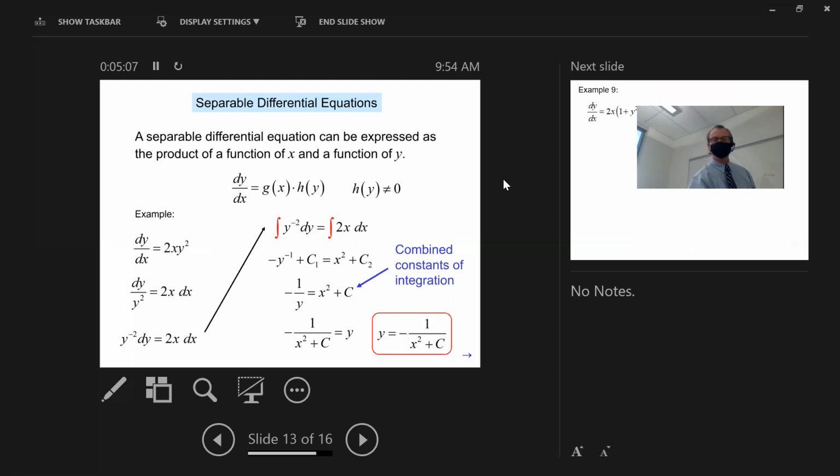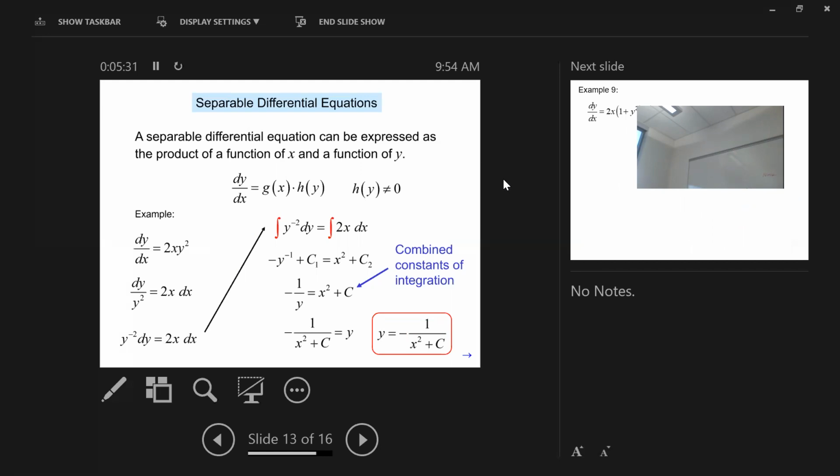Okay? And then what? Well, you're done unless they gave you an initial value. If you've got an initial value, then you would have to put those numbers in for x and y to quantify the constant. If they don't give an initial value, you're finished.